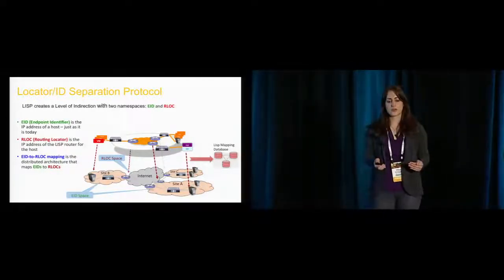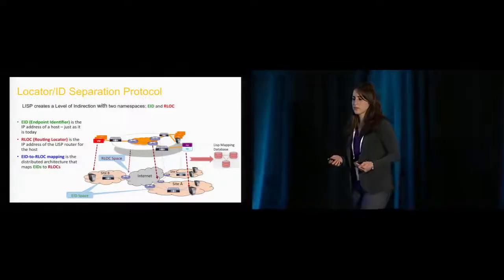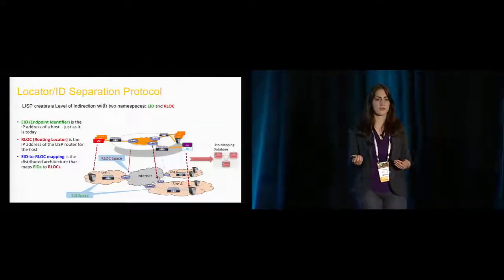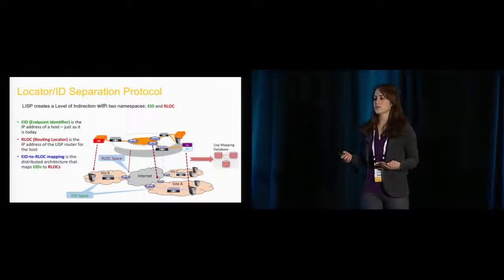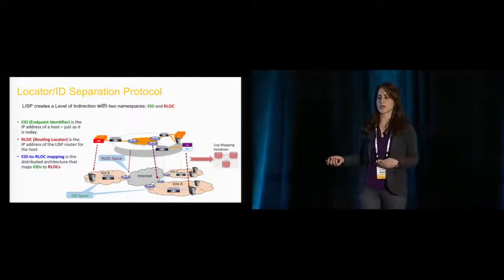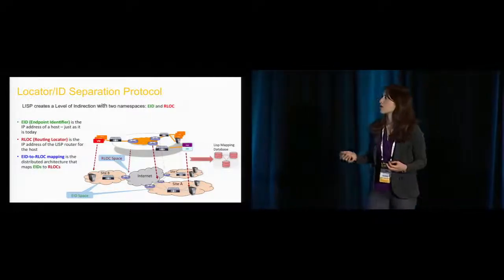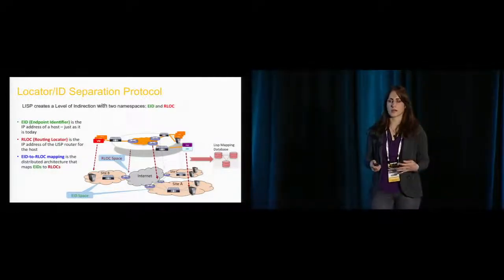And then it provides a distributed mapping system where you can create a mapping between these two namespaces. So you would say this host with this EID is located at that RLOC. And then Lisp routers can go look that up and then encapsulate packets there.